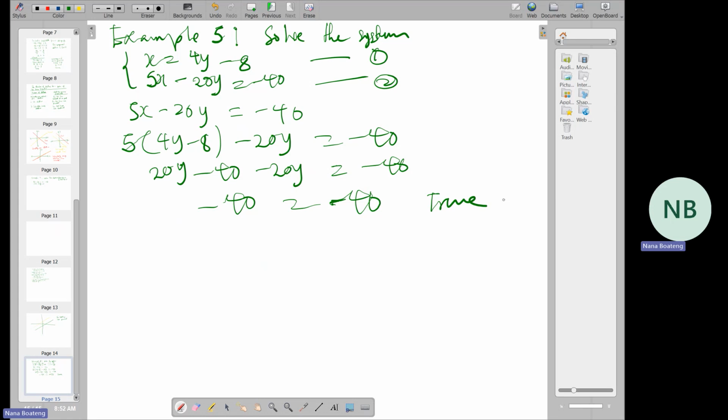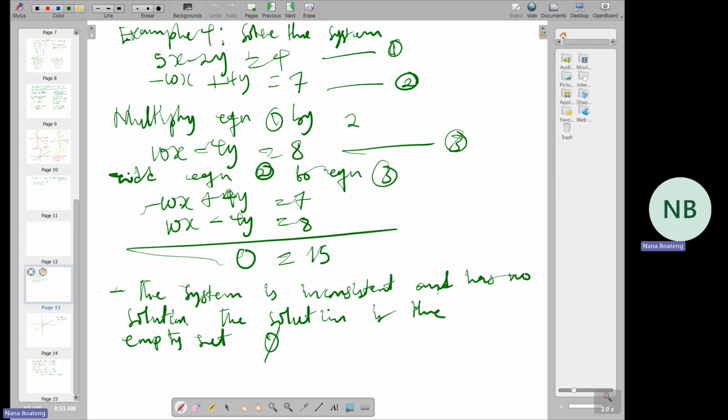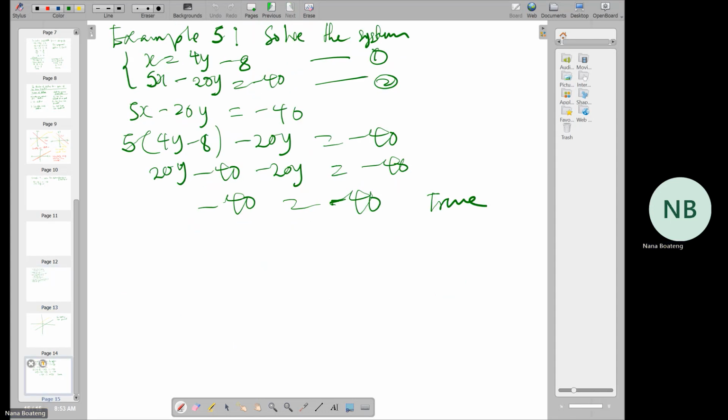So remember in the last example, one side was 0 and the other side was 15. So in that case, we say the system is inconsistent and has no solution. But in this example 5, we have both sides being equal to negative 40, and this is a true statement.